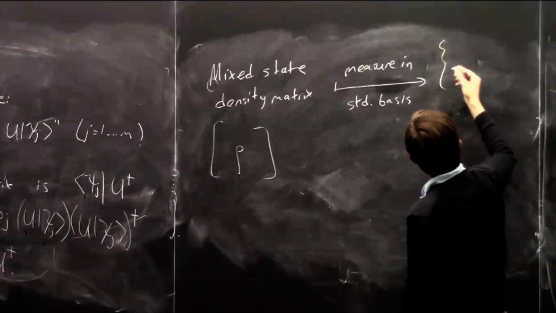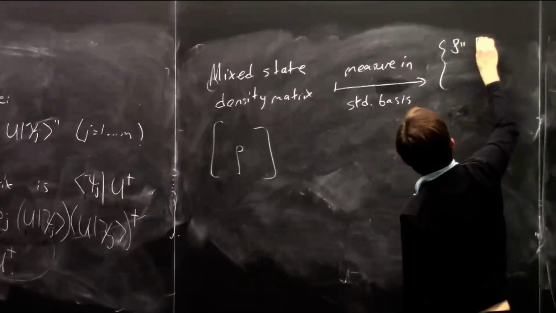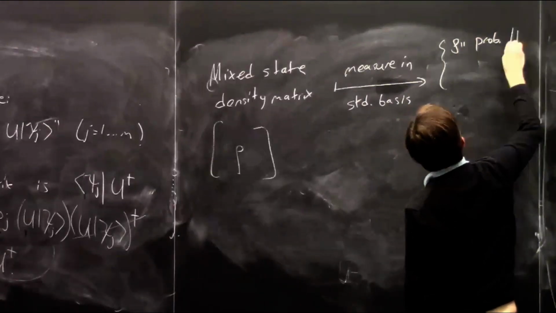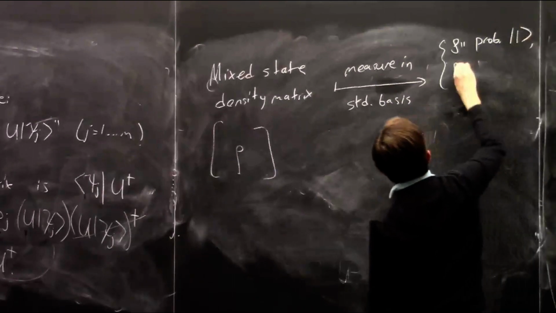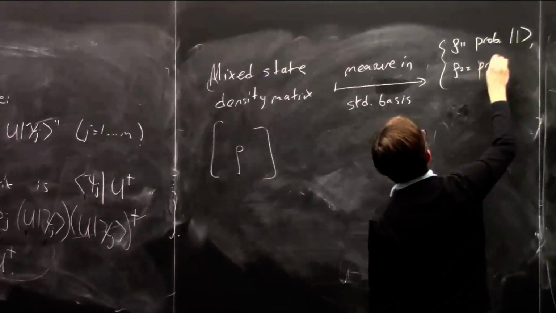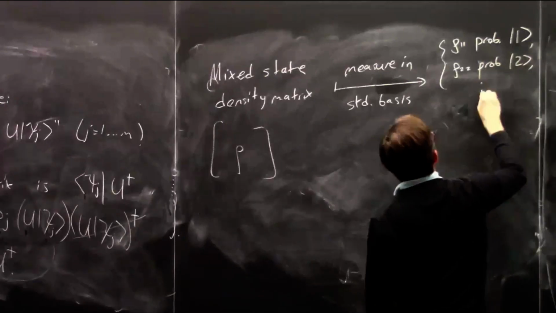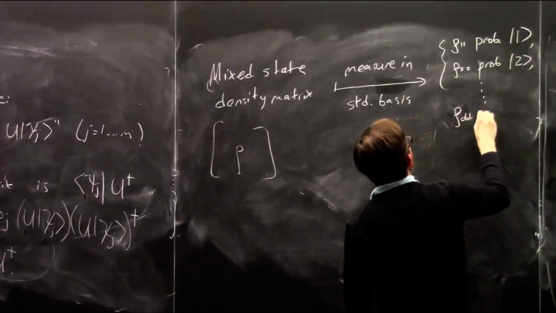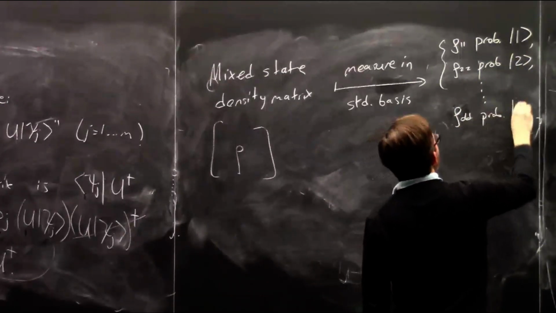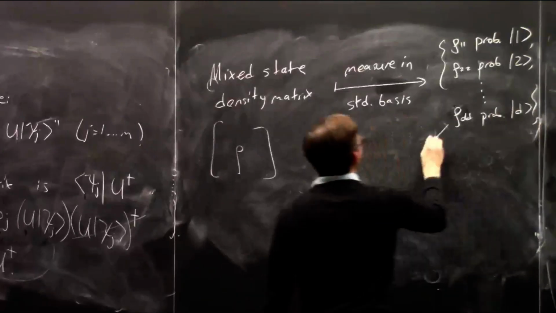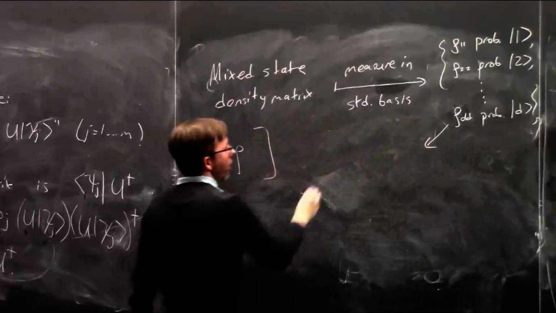You get a new mixed state where you have a rho 1,1 probability of collapsing to 1, and a rho 2,2 probability of collapsing to 2, down to a rho d,d probability of collapsing to d. And this mixed state has a density matrix. And what is it?